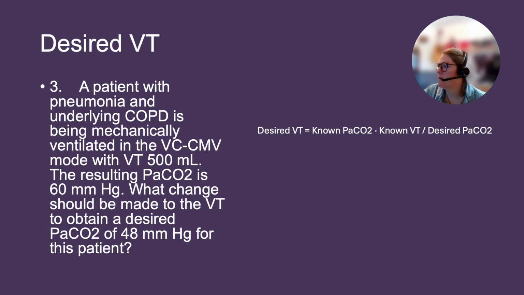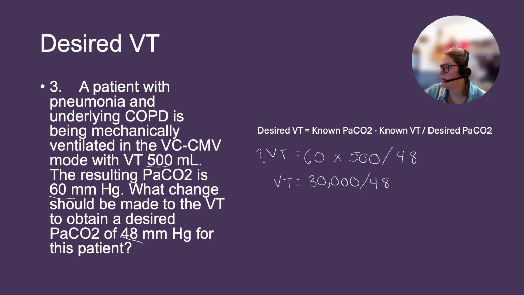And we'll just jump right in here. So we don't know what tidal volume to set, but we do know that their current CO2 is 60 and their current tidal volume is 500, and we want their CO2 to be 48. 60 times 500 is 30,000. 30,000 divided by 48 is going to be 625.